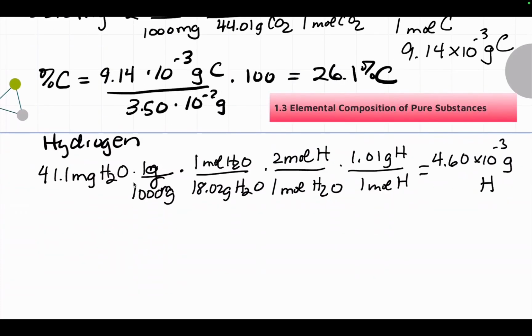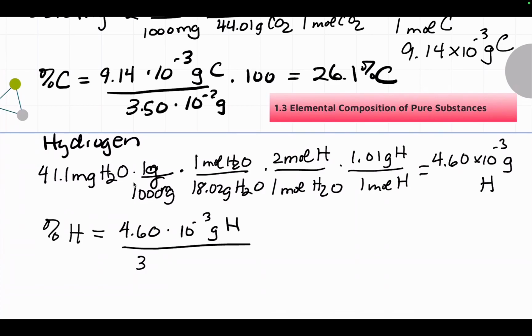Again, I'm going to calculate the percent by mass of hydrogen by taking my grams of hydrogen divided by the whole sample mass. And then I get 13.1% hydrogen. The reason I did percent by mass is because of the nitrogen.